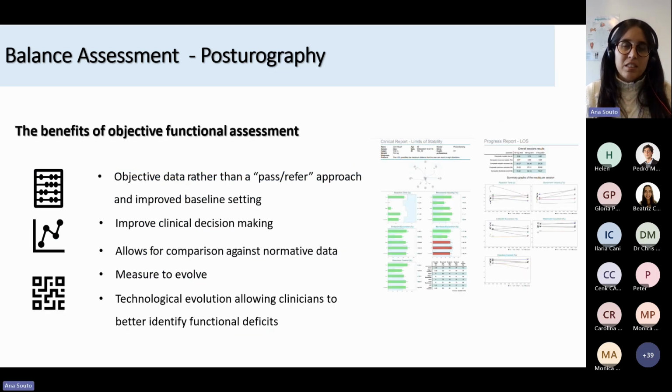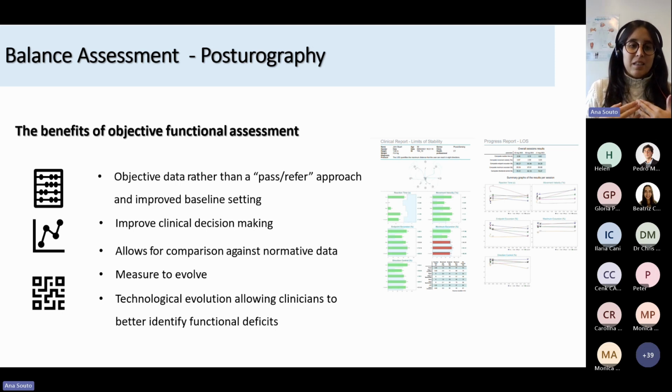And the benefit we have with this is that we now have objective data, which allows us to have an objective and rigorous baseline setting. So we can assess the progress of the patient, to evaluate the results of our intervention.